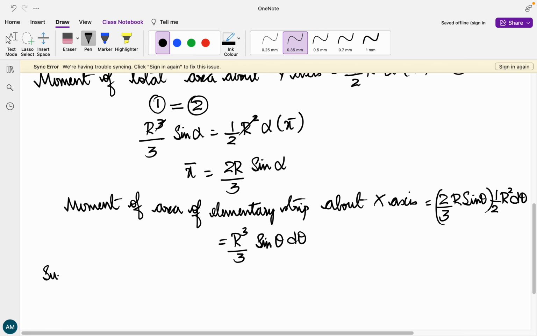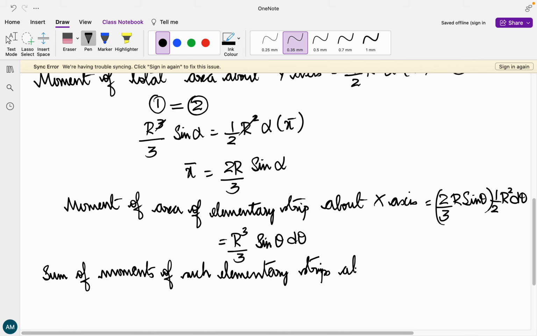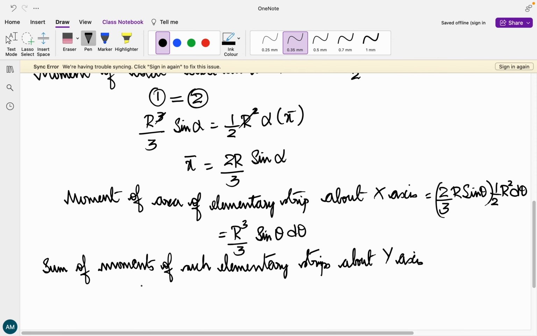Then the sum of moments of such elementary strips about the x-axis.